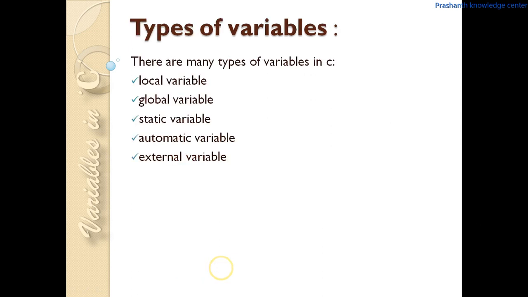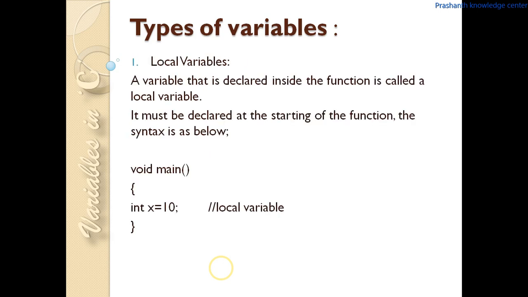And if we see what are the types of variables, there are many types of variables in C. That is local variable, global variable, static variable, automatic variable, and external variable. Let us see what is a local variable. Local variable means it is declared inside the function.